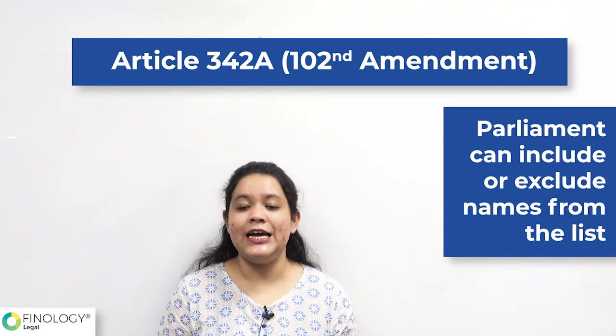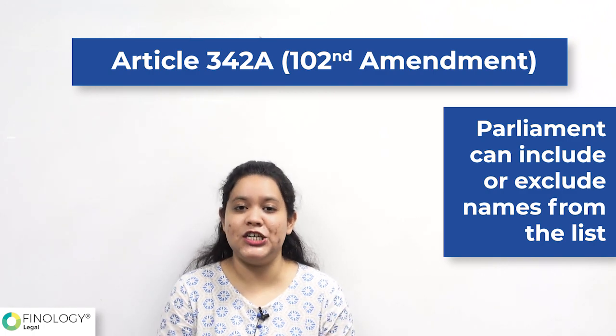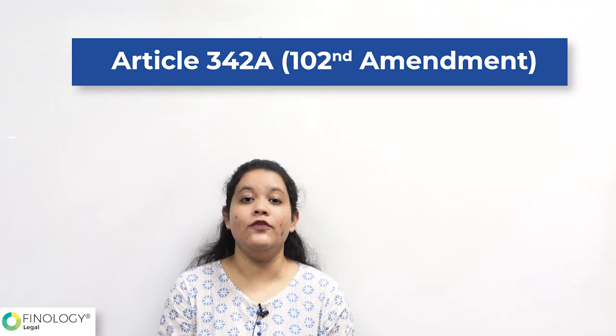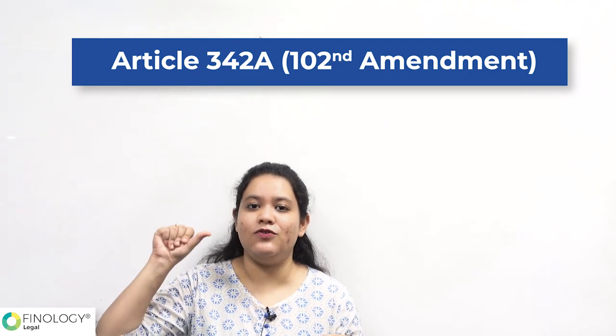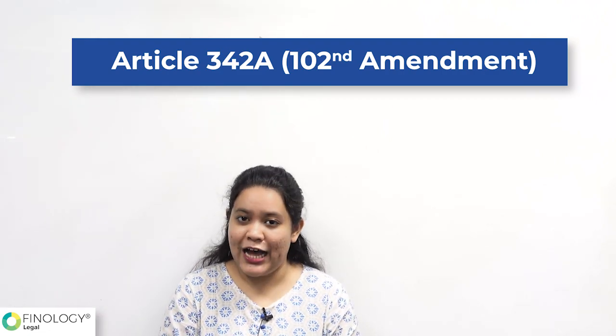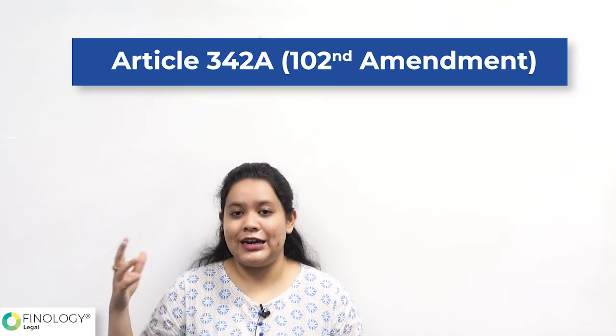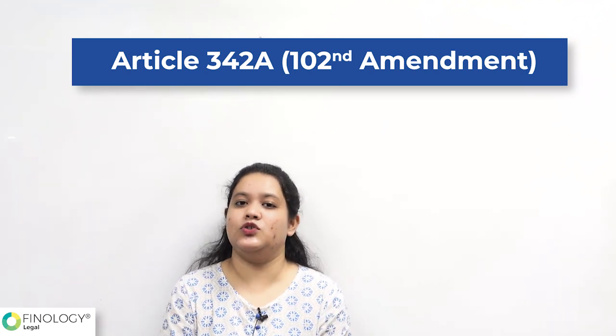So the President and the central government are the decision-making authority on which class or community is included in or excluded from the OBC list, which means the power has been taken away from the state governments, because they now have no power to include a class or community in the OBC list.